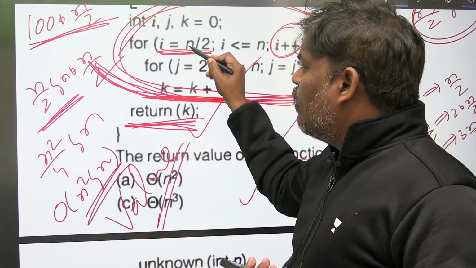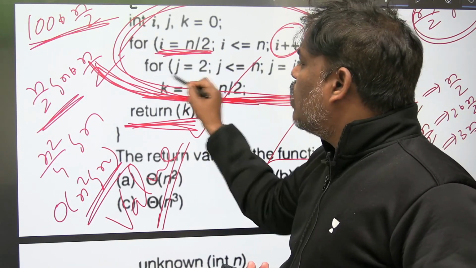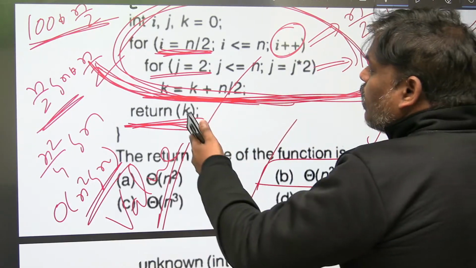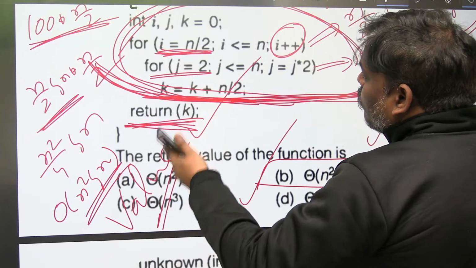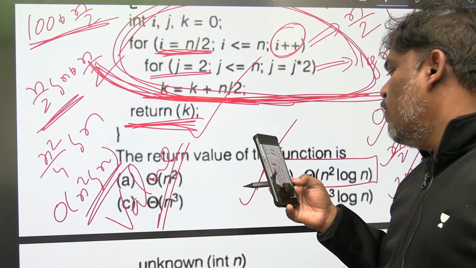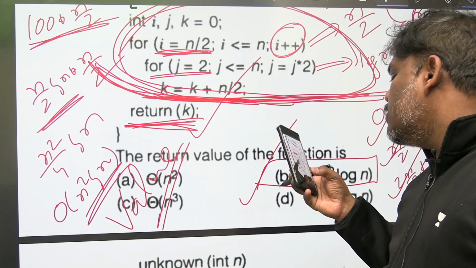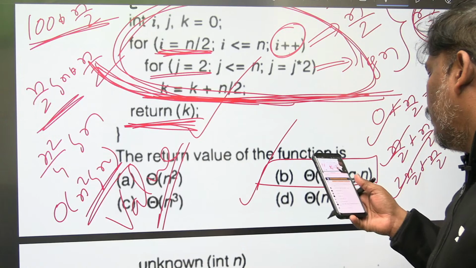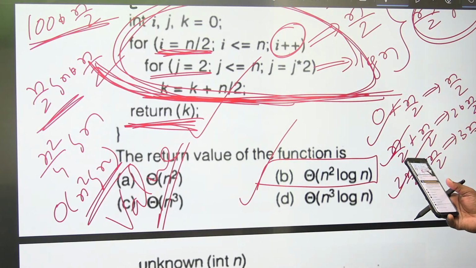If the return is not part of i and not part of j, no problem. Be careful. Take care of all these things in the exam. The return is outside of all.